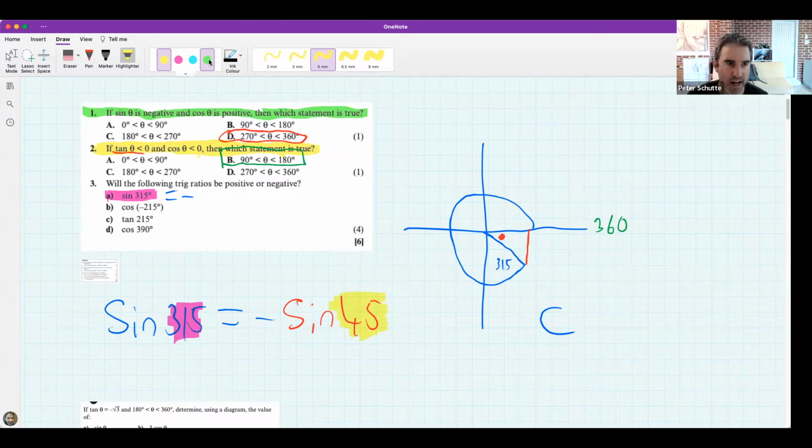Okay, let's try, because this is an important skill. I want you to reduce the cos of minus 215 to an acute angle for me. As part of that, you'll have to figure out if it's positive or negative. But can you work out the reduction of cos of minus 215?